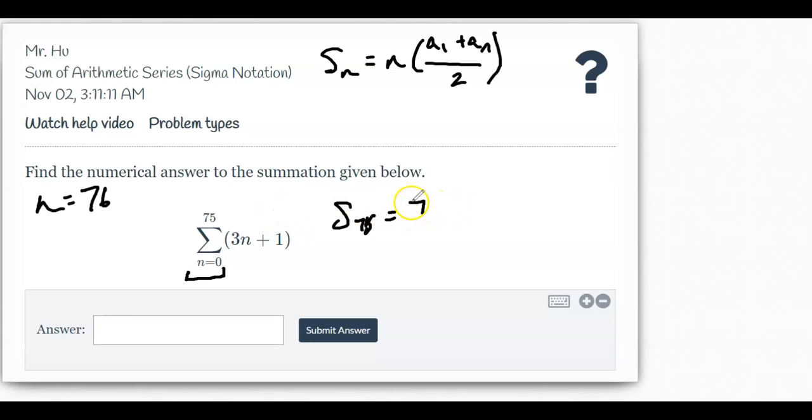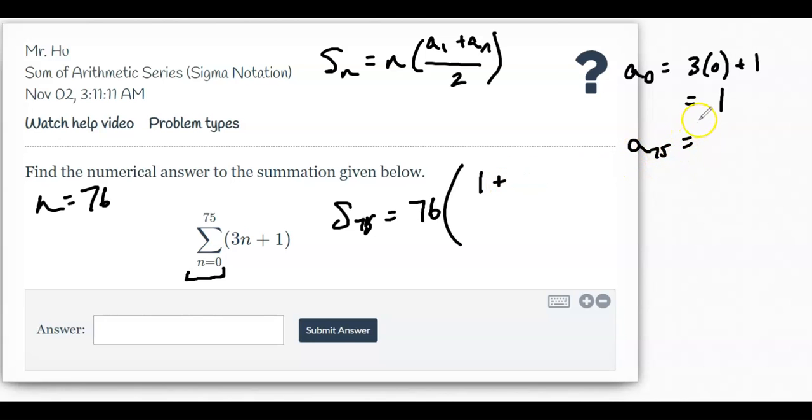Equals 76, this is where that happens because of the n plus 1 out in front now, times a sub 1, which is actually a sub 0 in this case. It'll be 3 times 0 plus 1, which is 1. 1 plus, and then I have a sub 75, and that's going to give me 3 times 75 plus 1, which should actually be 226. All over 2.